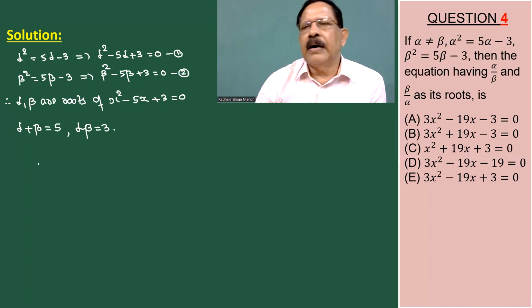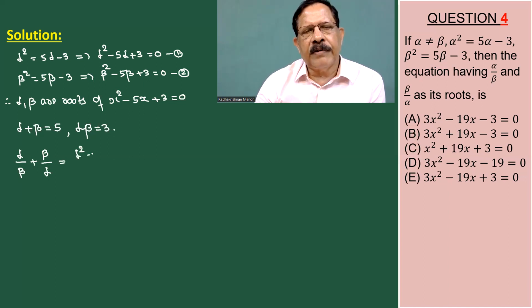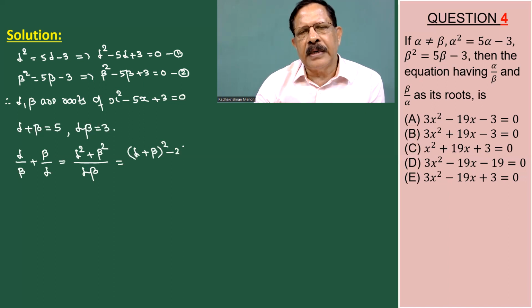Now, what is alpha by beta plus beta by alpha? Sum of roots equal to, numerator we have got alpha square plus beta square, denominator is alpha beta. Numerator, alpha square plus beta squared is alpha plus beta the whole square minus 2 alpha beta, because we have got only the values of alpha plus beta and alpha beta.